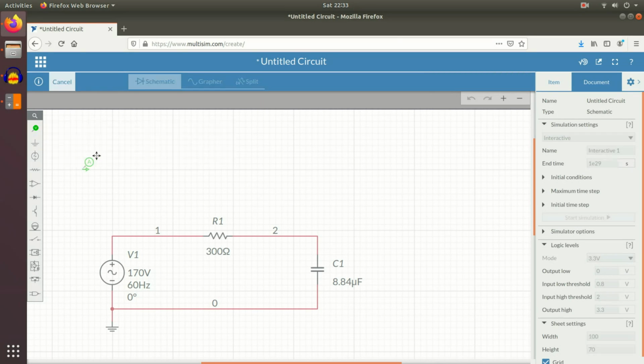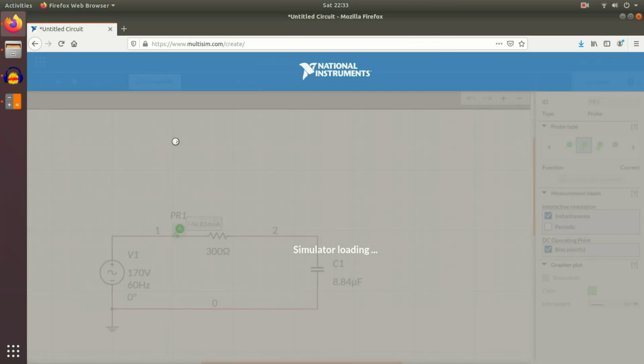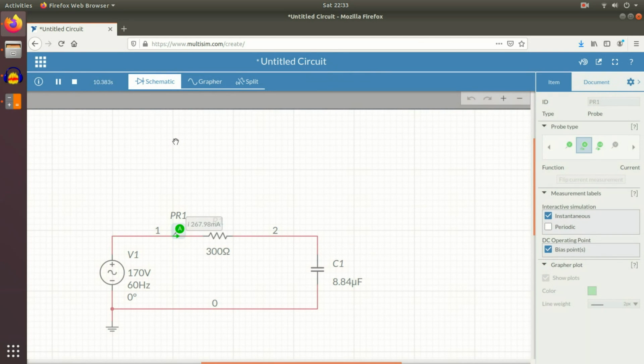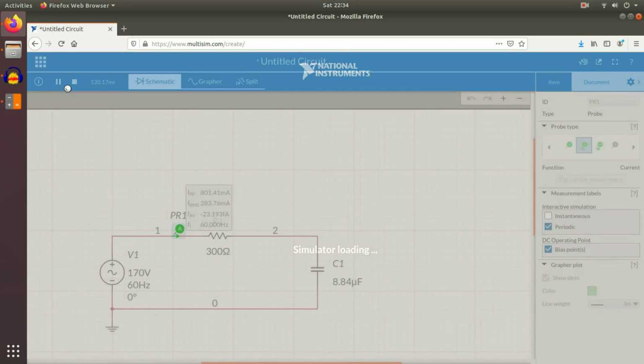Again, like we did before, we want to see if we can get 280 milliamps. The play button here runs the simulation. And you'll notice the numbers are bouncing all over the place. That's not what we wanted. So we're going to stop it. And over here on the right, we're going to change it to periodic instead of instantaneous. And when we do that, there's our 280 milliamps like we had before.